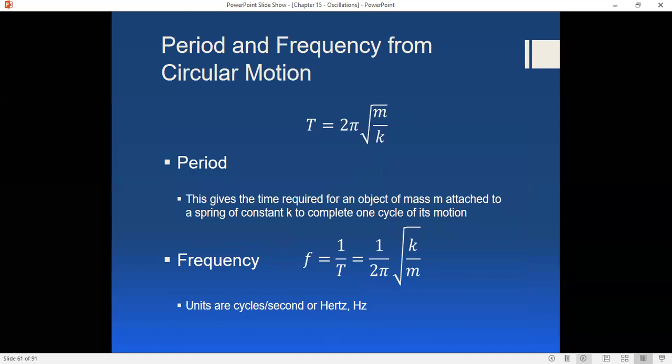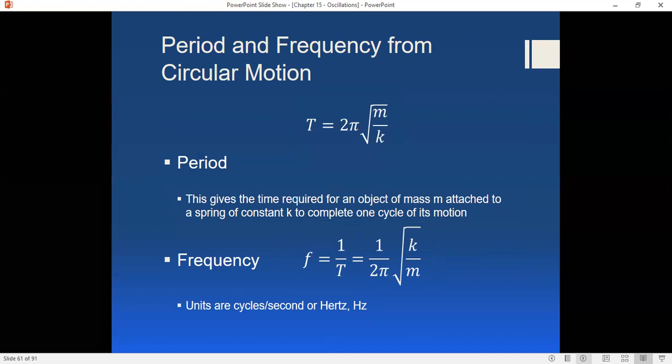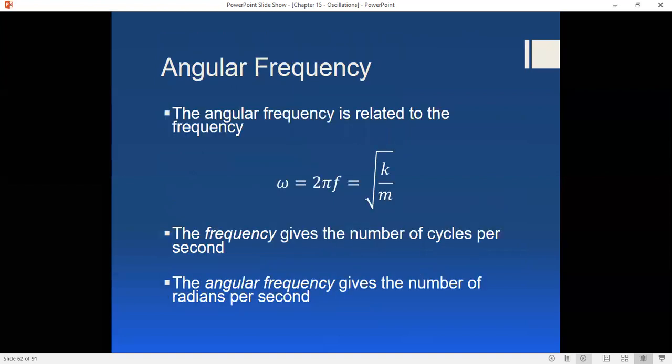We saw earlier that the period of a simple harmonic oscillator went like this: 2 pi times the square root of m over k. The frequency is just the inverse of that. In circular motion, we've used this omega, which represents 2 pi times the frequency.